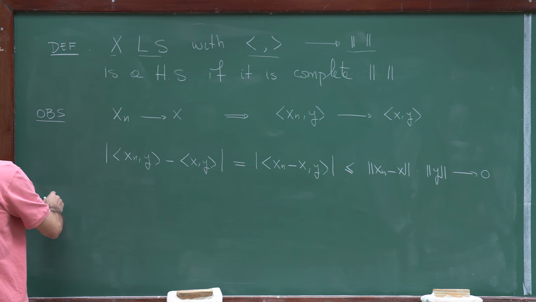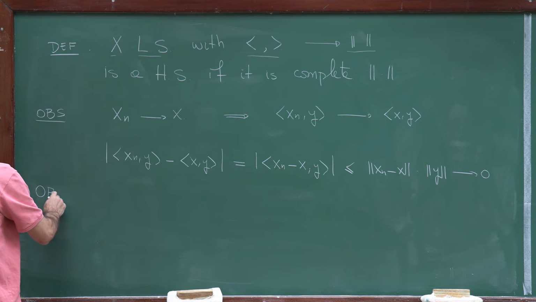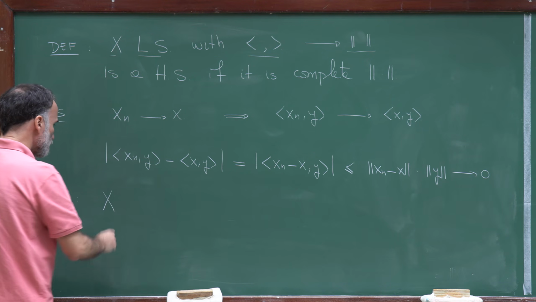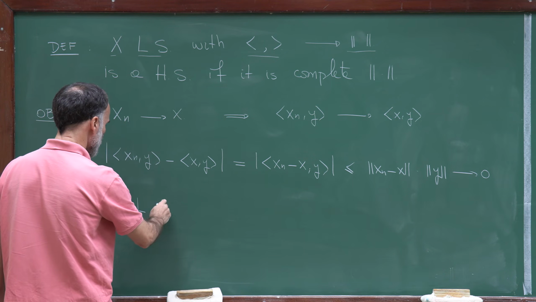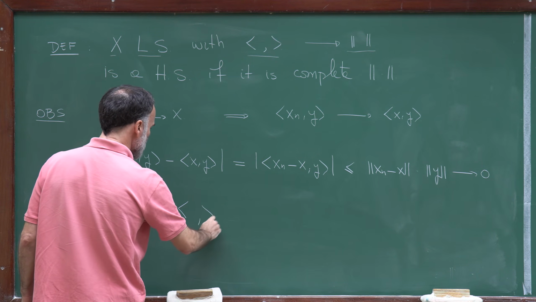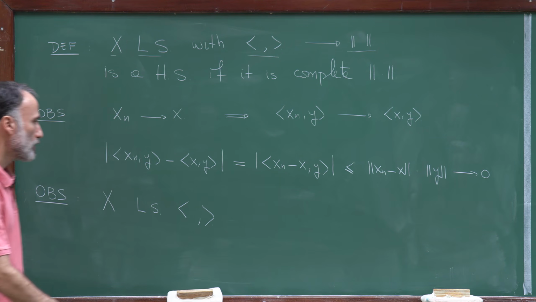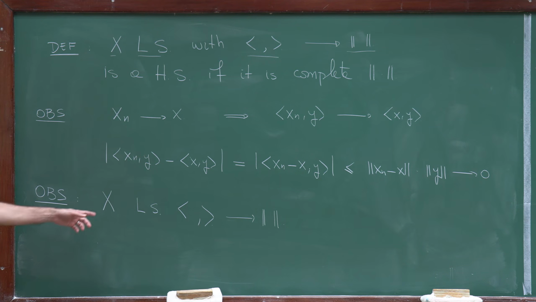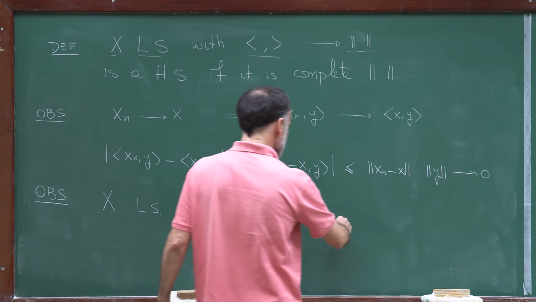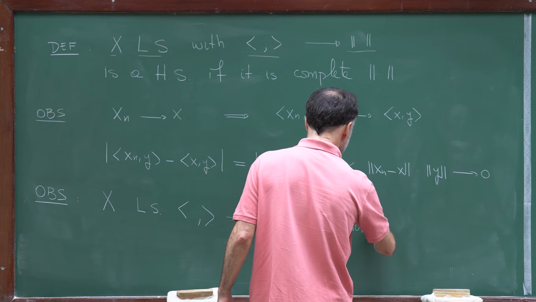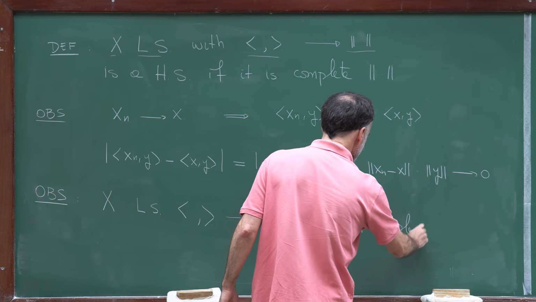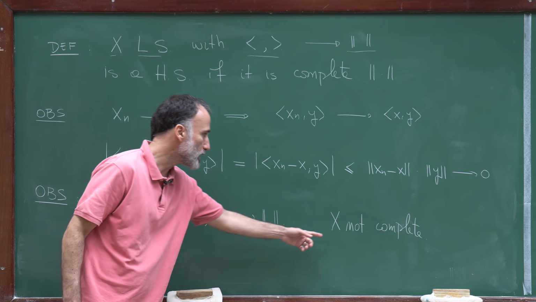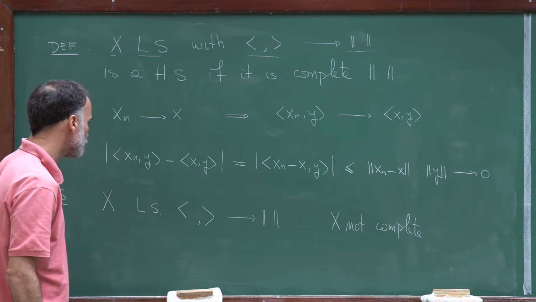Well, we have seen that once, so a second observation is that, assume that you have X, which is a linear space, and on this linear space we have a scalar product which induces a norm. But assume that X is not complete. We presented a way in which we can complete the space X with respect to this norm.